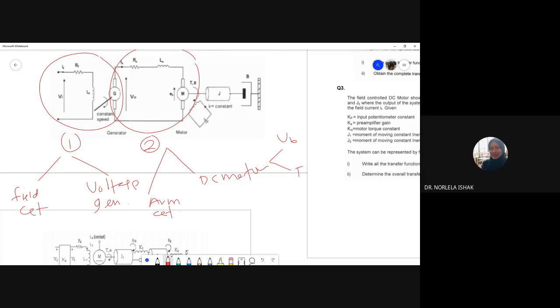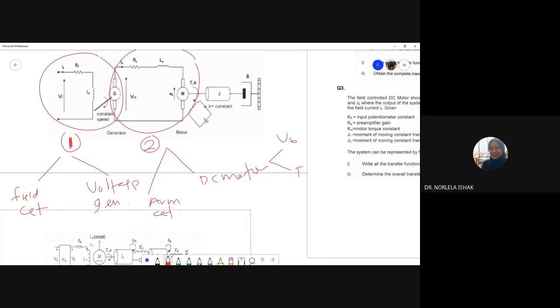Meaning like this: number 1 is a field control DC generator. The second is an armature control DC motor. From there you detail through equation number 1. So what type of equation can you derive? First is the field circuit. The second one, you have to derive the voltage generator.